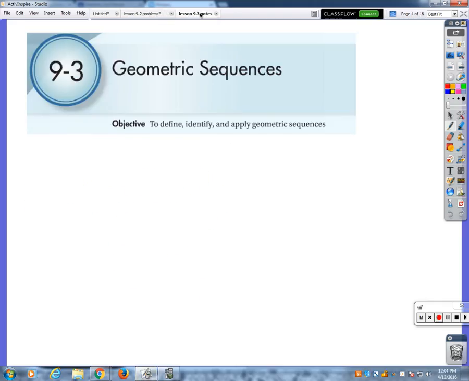All right, so today we are going to talk about the other kind of sequences that have been coming up in our lives, and those are called geometric sequences, okay? Any guesses what a geometric sequence is?